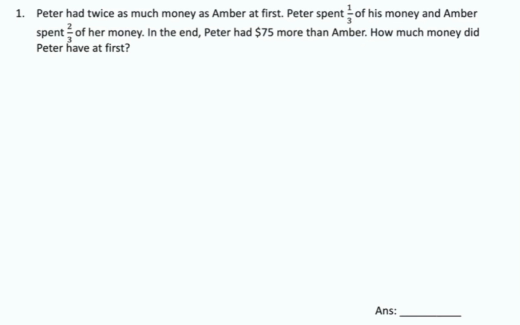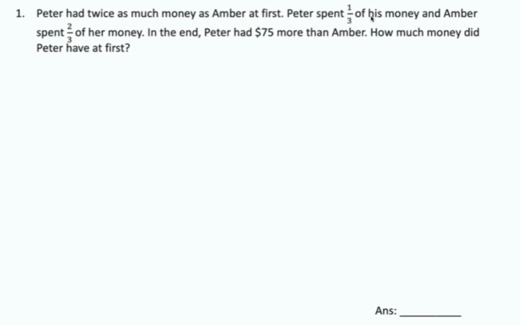Now, this is the type that is difficult, where the transfer is a proportion. A proportion means it is not a whole number. In primary 5 context, a proportion is most likely going to be a fraction. In this question, you can see that Peter spent 1/3 of his money.